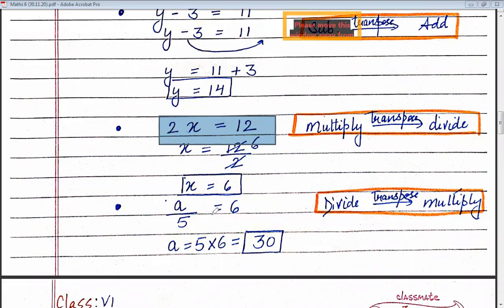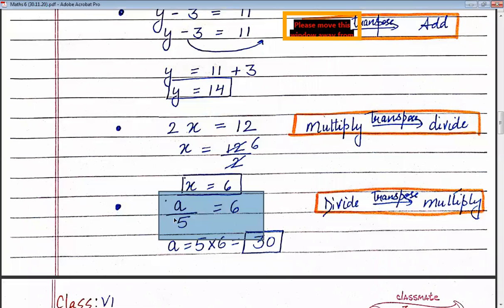Now the last one is your divide. If any constant is in division, it will be shifted to the right hand side and it will be multiplied. So children, be careful about these 4 rules. Now I hope you are clear with these 4 rules.